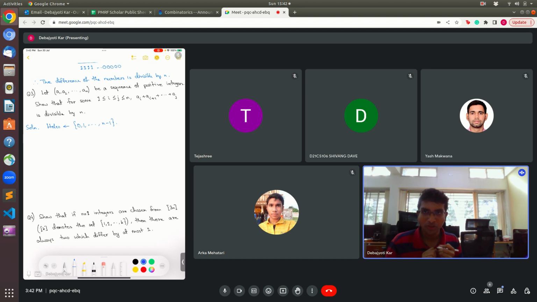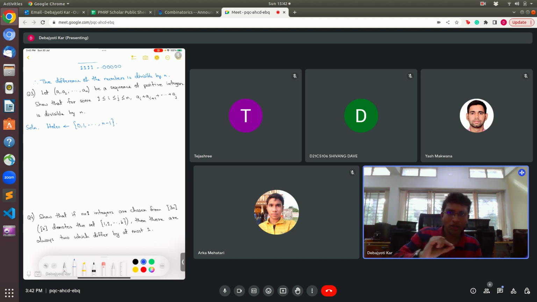There are n possible holes, right? Now, what do we need to do? We need to construct a set of numbers that will go into these holes, and we need to show that at least two of them must go to the same hole, and then their difference will be divisible by n. That is our approach. Okay, so let's consider this sequence.